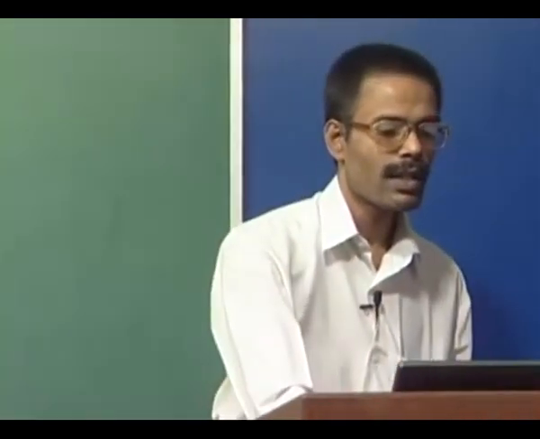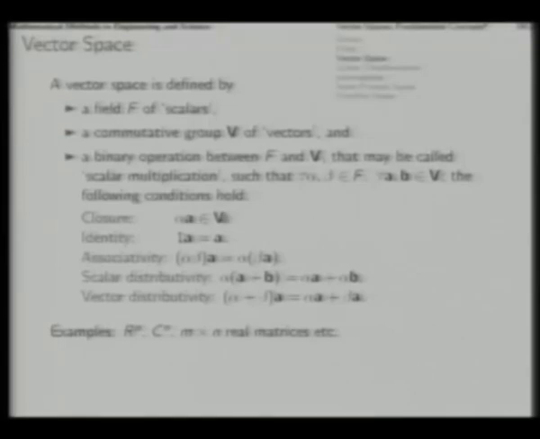That is, you take a vector a from V and a scalar alpha from F, then this scalar multiplication result alpha a is again in the set V of vectors. So, that tells us that the scalar multiplication operation is defined.